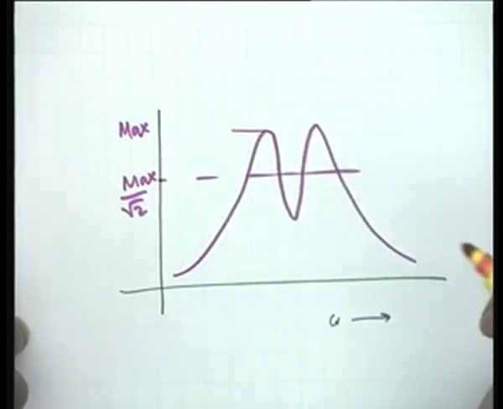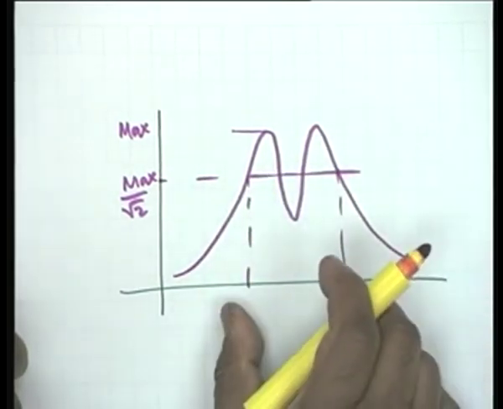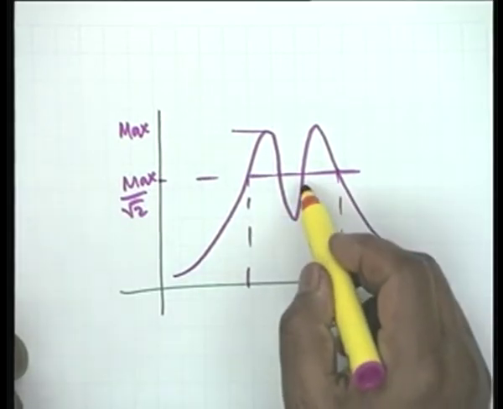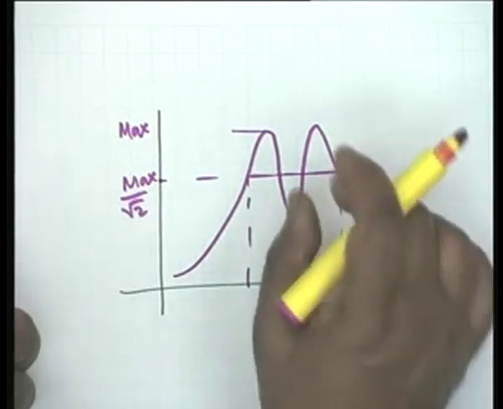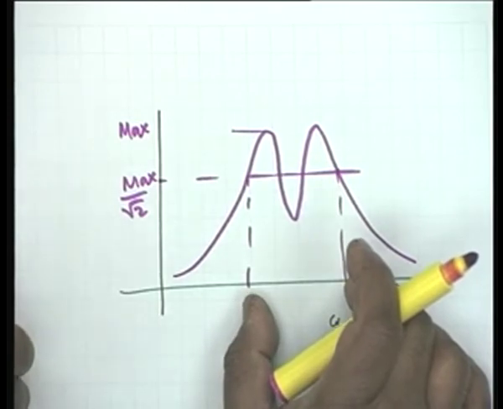Well, such a response is hardly of any utility, because you can't say this is the bandwidth. Within this band, there is a band which falls below 3 dB. Isn't that right? And therefore, the group of frequencies situated between these are not passed almost equally.